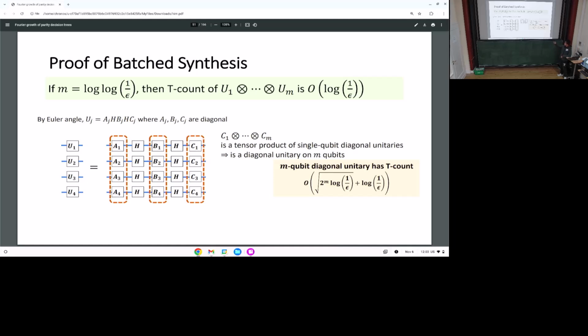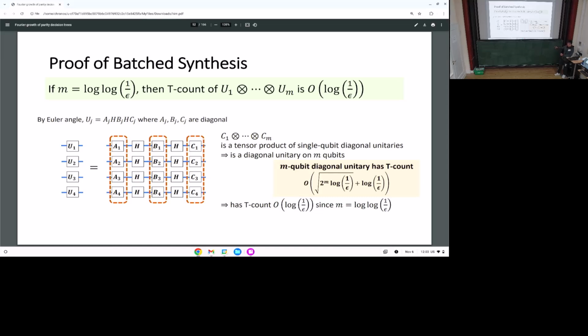So for an m qubit diagonal unitary, the T count is square root of 2 to the m times log 1 over epsilon, plus log 1 over epsilon. And because m is log 1 over epsilon, the thing under the square root is going to be log times log, which is log squared, and taking the square root gives log. So this whole thing is order log 1 over epsilon.